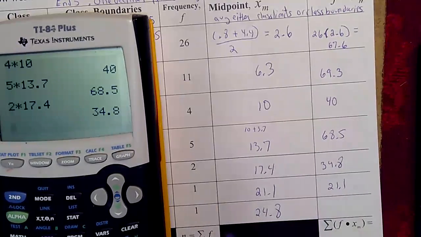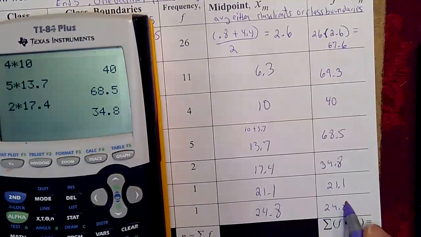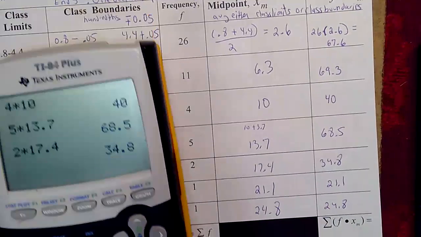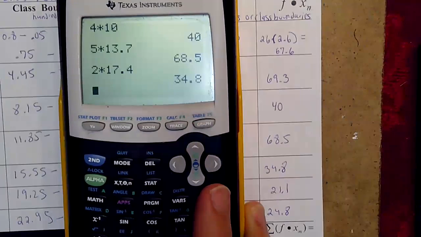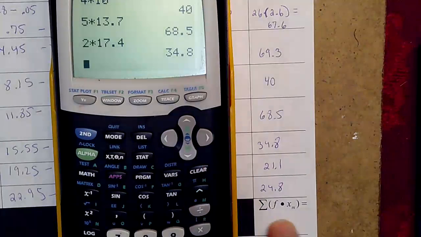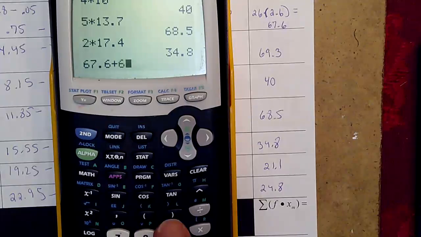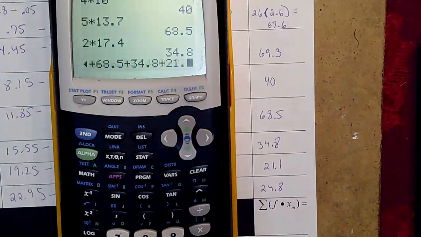So that's kind of nice there. Okay. And then you got to add all these up to get this total here. Summation of that product. So 67.6 plus 69.3 plus 40 plus 68.5 plus 34.8 plus 21.1 plus 24.8.